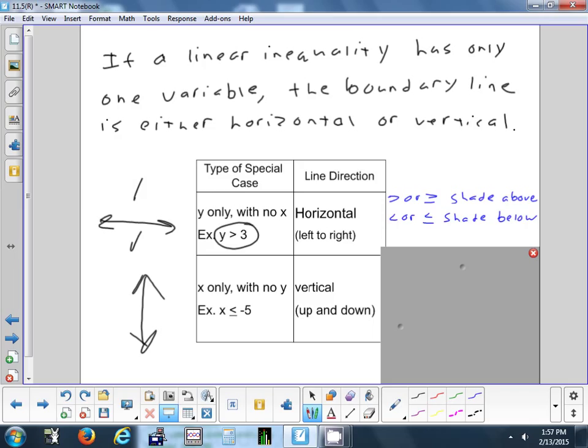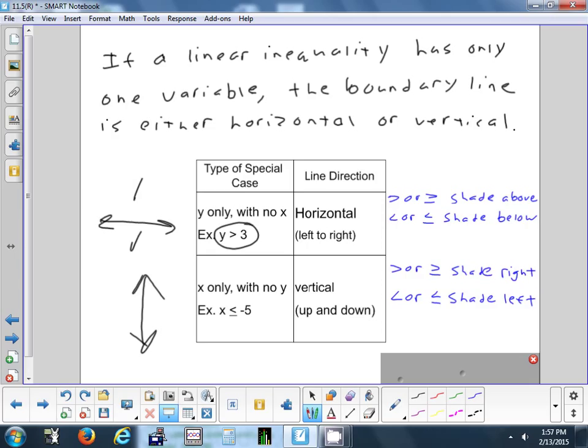Justin, what do you think? If I pick a vertical line and ask which side is above, it's kind of weird, isn't it? So for a vertical line, we can't really say above and below. But what we can say is left or right of it.